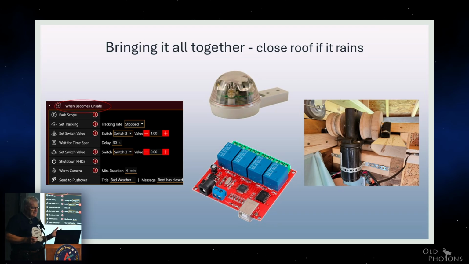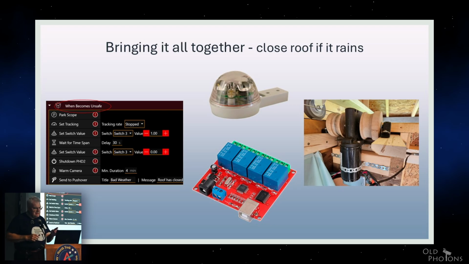So, same devices here, except I've introduced this thing at the top. That's an RG11 rain sensor, a Hydreon RG11 rain sensor. This thing will trigger a set of contacts with a single drop of water.